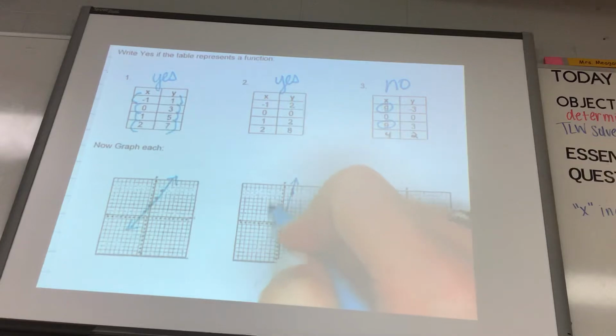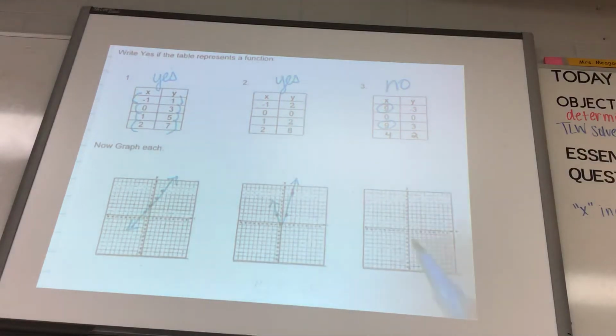And the last one. Even though it's not a function, we're still going to graph it so that you can see that. 9 and -3. And 0, 0. 9 and +3. And 4, 2.